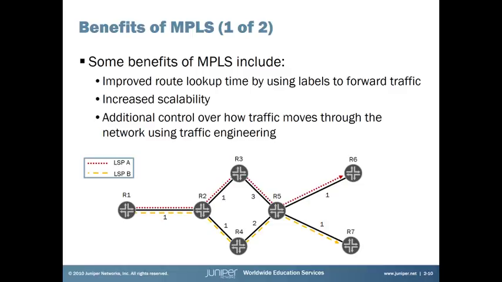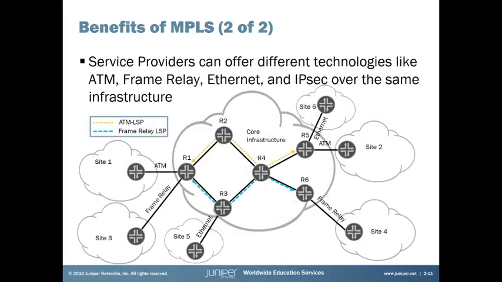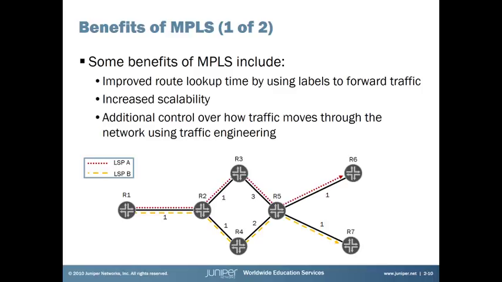Okay, a little note here, which may have caught your attention: improved route lookup by using labels to forward traffic. So we'll get into this, but basically the fundamental principle of MPLS is this. Let's compare it to an IGP.